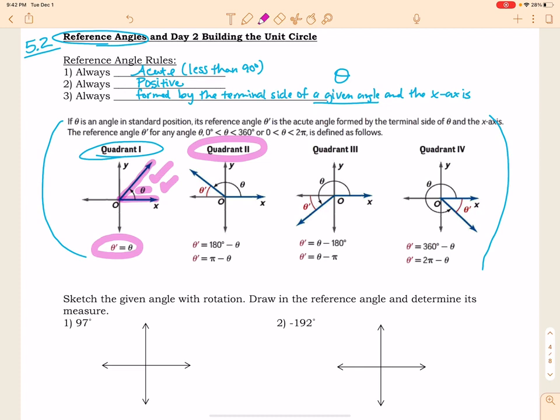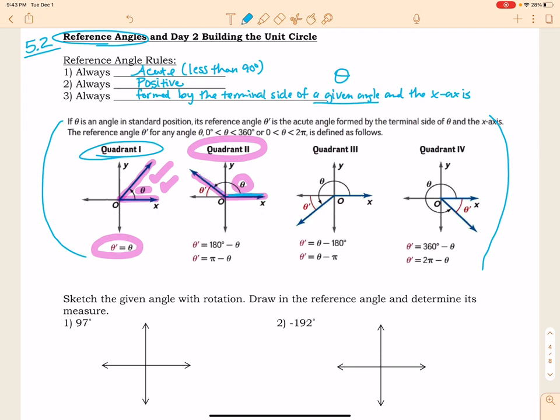Okay, what about quadrant 2? If we're in quadrant 2, I give you an initial angle of theta, and it terminates in quadrant 2. Well, this time the angle can't be equal to its reference angle because this angle theta is too big. See, it's clearly more than 90 degrees.